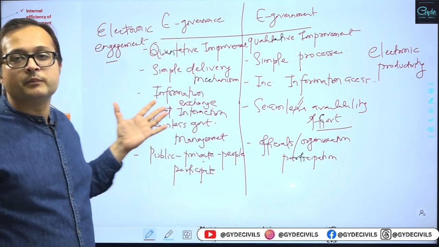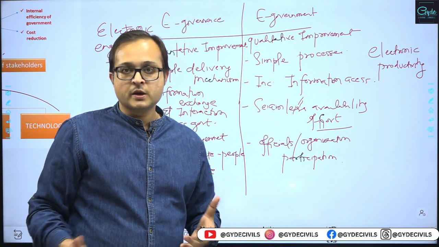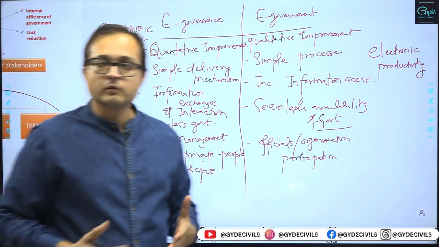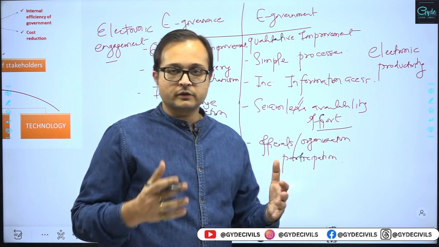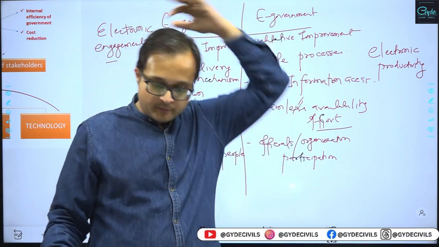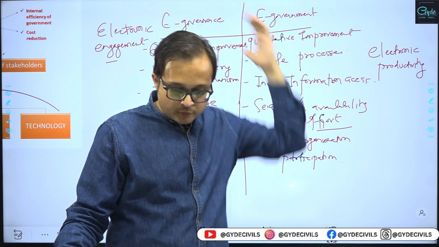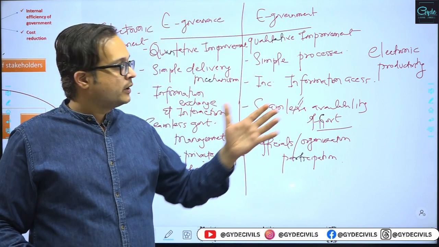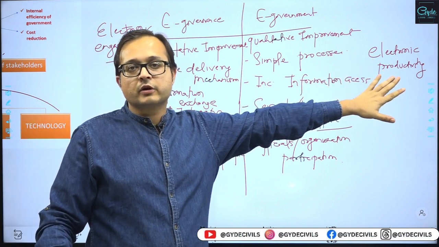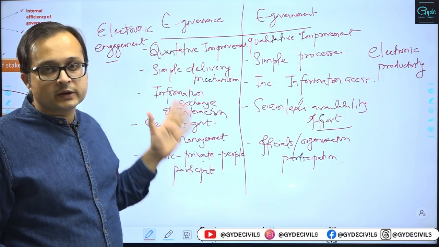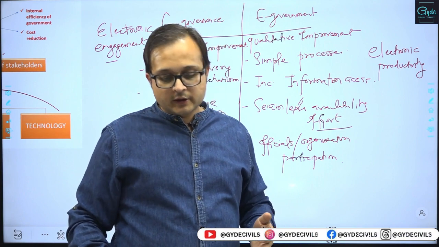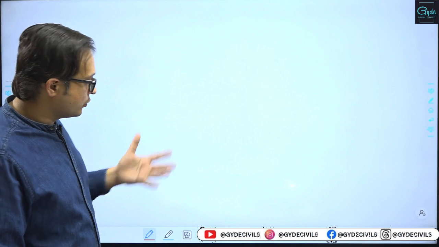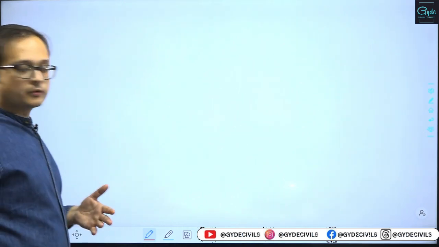This in fact can improve the complete intellect of the government, society, the way it is being worked upon, right? So it would not be for the governmental benefit only, rather it would be for the complete societal improvement, right? So this is governmental improvement, e-government. This is societal improvement that can be seen with e-governance. That is why e-governance has been relied upon as the foremost important factor, right?